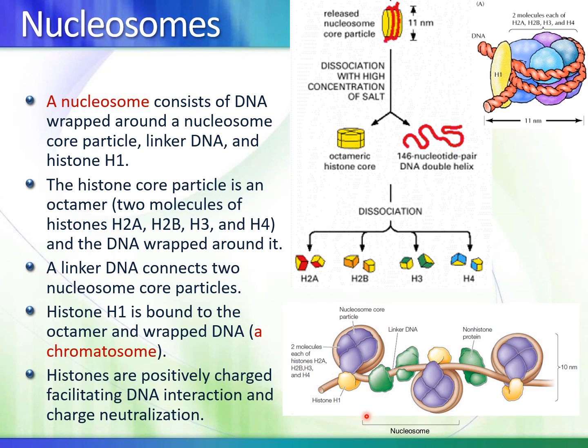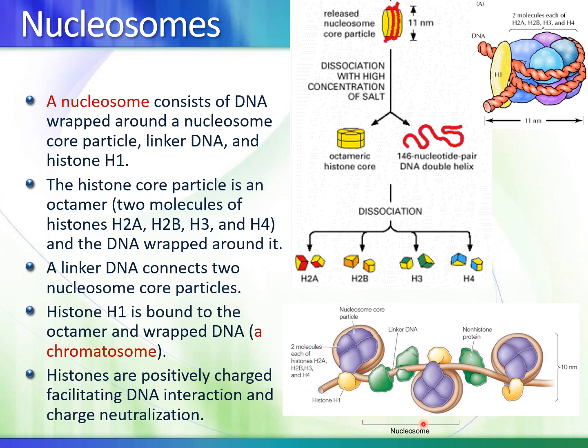Now, what happens right here is that you have the octameric structure, the DNA wrapped around it, and another histone. This is the 5th histone, known as histone 1. It's sort of like it seals the interaction between the DNA and the octameric structure. So this here is known as a chromatosome.